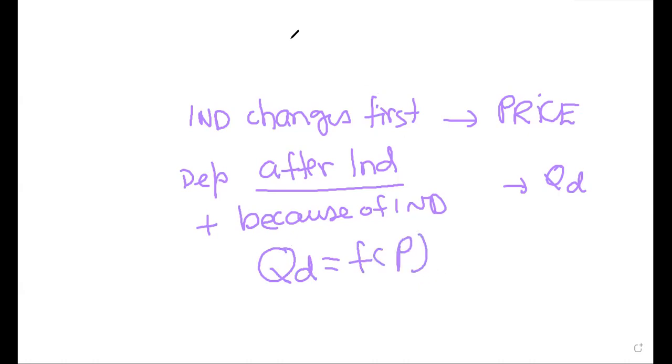And there is a mathematical convention that independent variables are always on the right side of the equation, and dependent variables are always on the left side of the equation. This is a mathematical convention that we will also follow in economics. So those of you who have forgotten mathematics, don't worry.